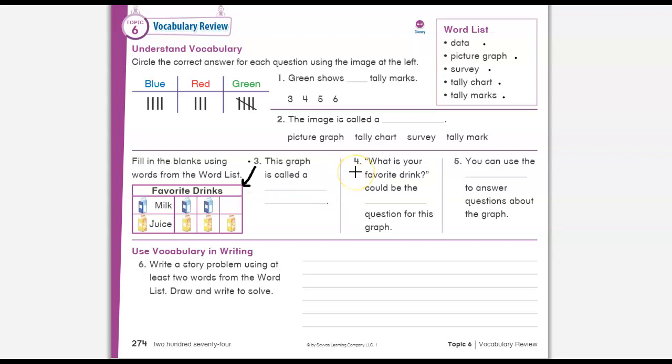Would "What is your favorite drink" be the data question, the picture graph question, the survey question, the tally chart question, or the tally marks question for this graph? Write the word that you think would fit best in the blank for number 4. What is your favorite drink could be the blank question for this graph.